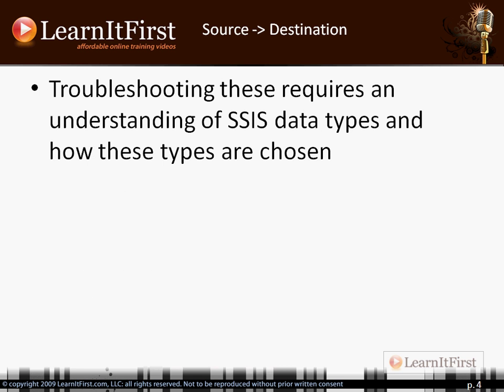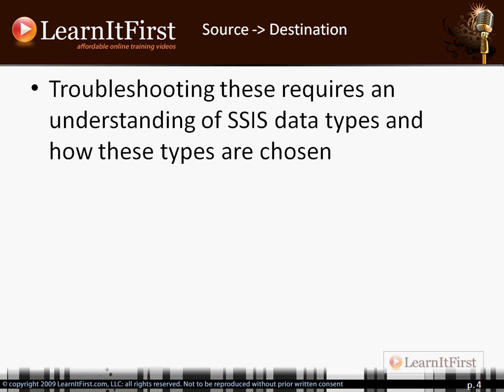To be able to actually troubleshoot these requires a good understanding of the SSIS data types. When you are in development mode of the package, it will do validation. So every time that you make a change to your data flow, it's going to try to validate that.